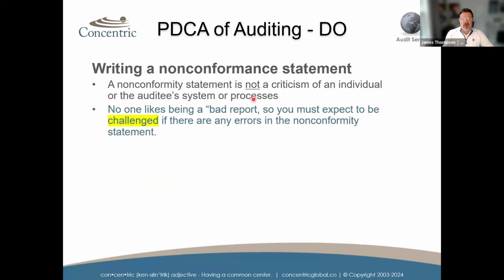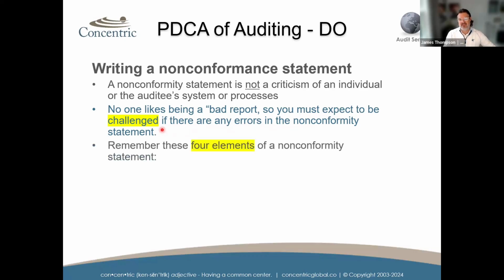And no one likes being a bad report, so you must expect to be challenged if there are any errors in the nonconformity statement. So make sure that your nonconformity statement is concise because you probably will be challenged.